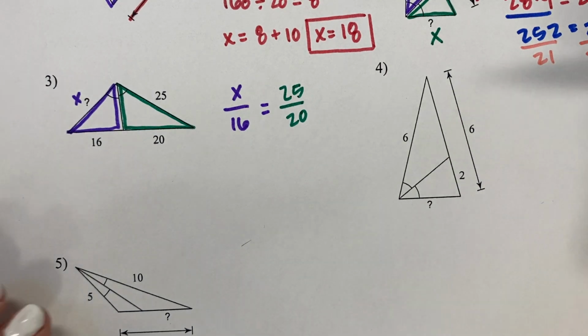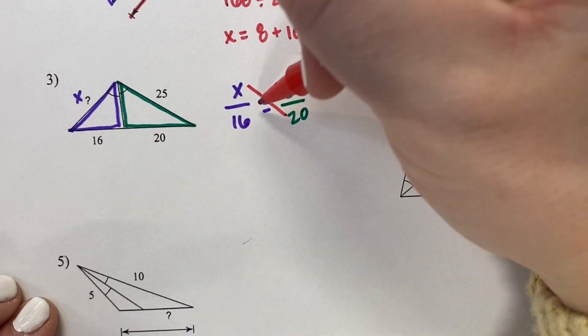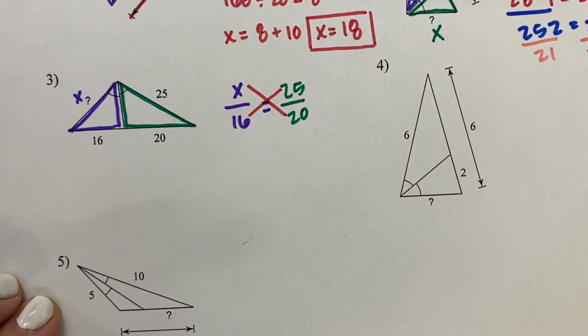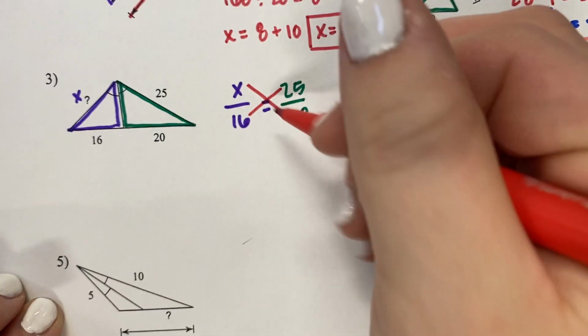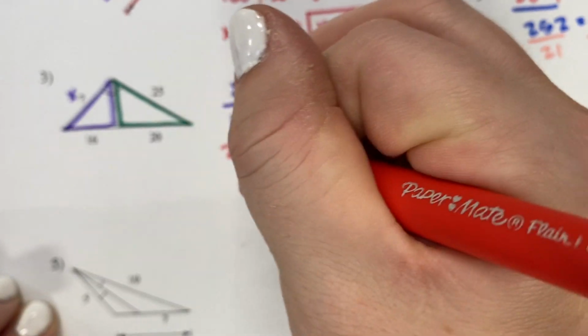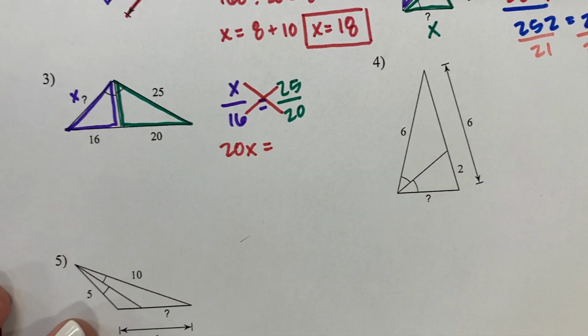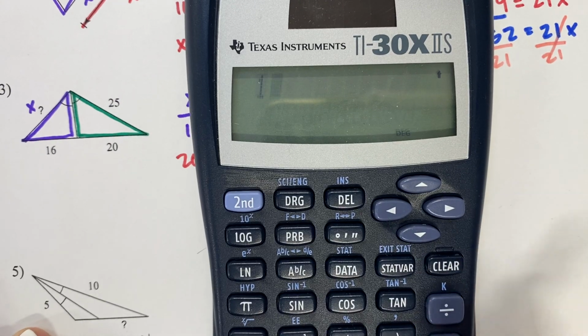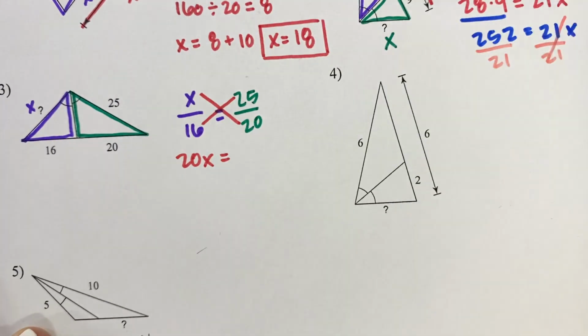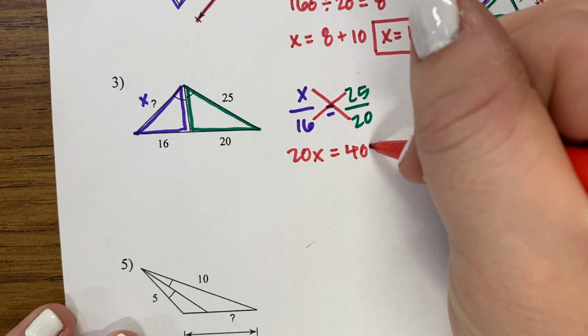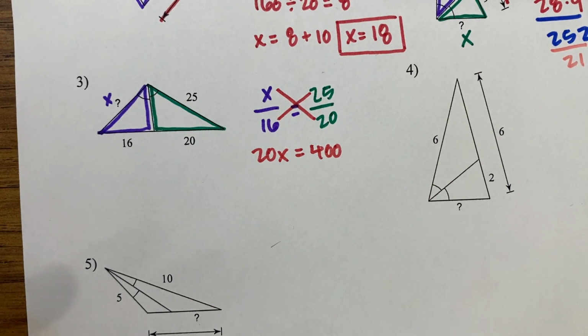Okay, so we have x times 20 is equal to 16 times 25. So 20 times x is just 20x, and we set it equal to 16 times 25. 16 times 25 is going to give me 400. So we have 20x equals 400. Now it's just an equation.